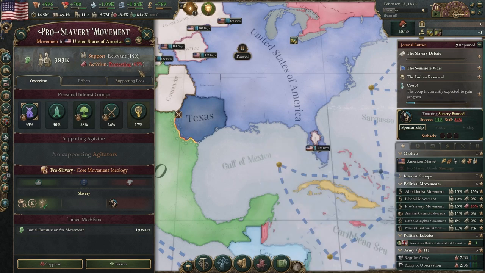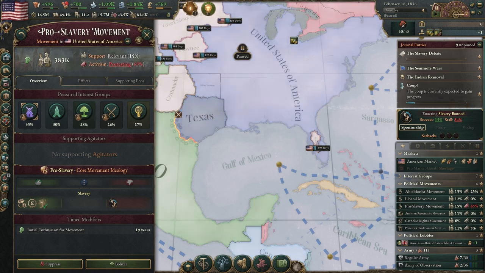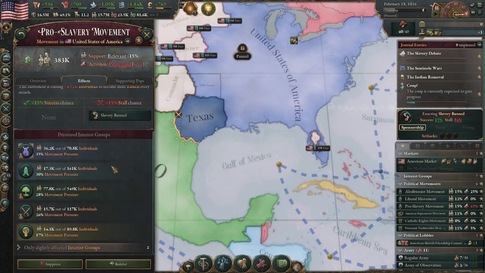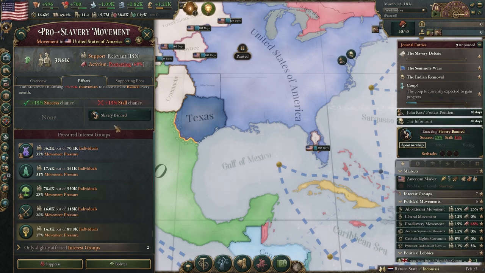They are now at 65%, which is protesting. Since this number is above 50%, they are now creating radicals in the country. If you click on the effects tab, you'll see they're adding 15% to the stall chance of passing slavery banned. As we let the game run, you'll see how they will become insurrectionary.